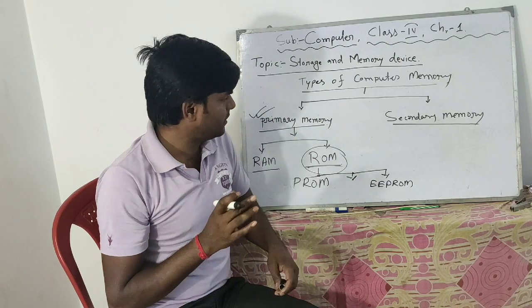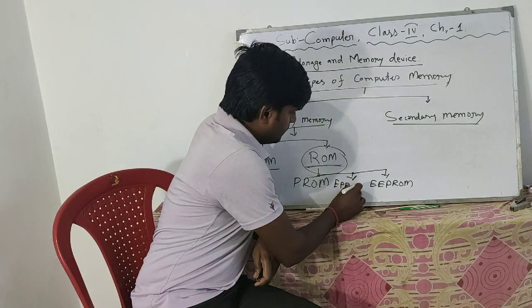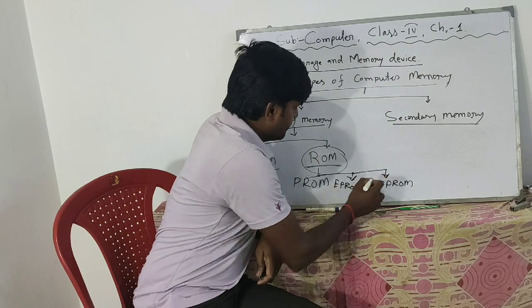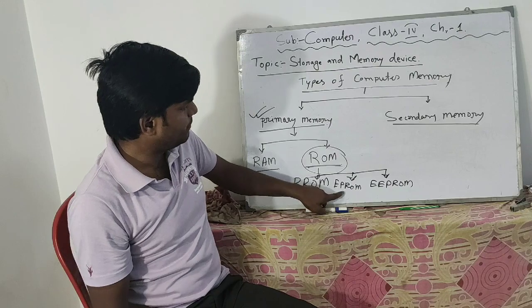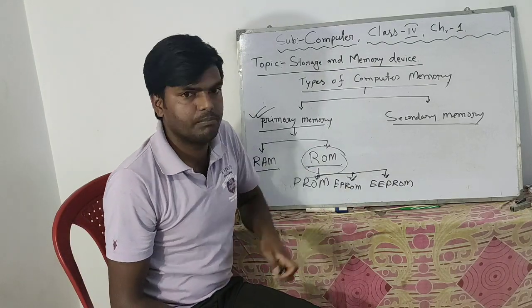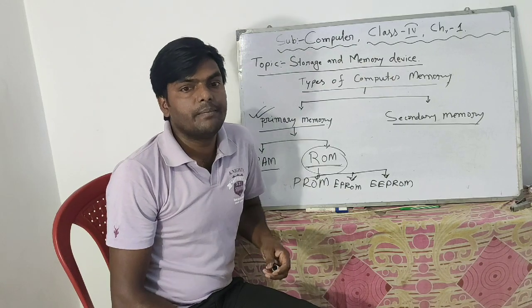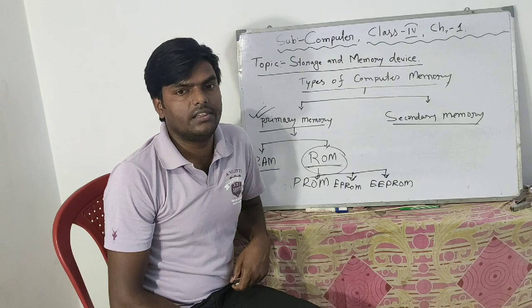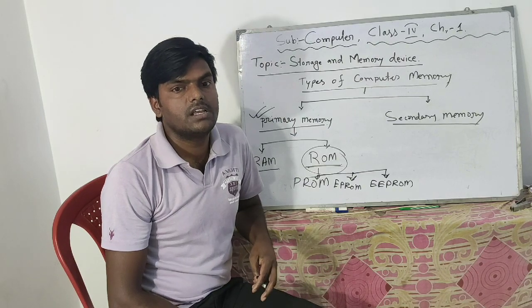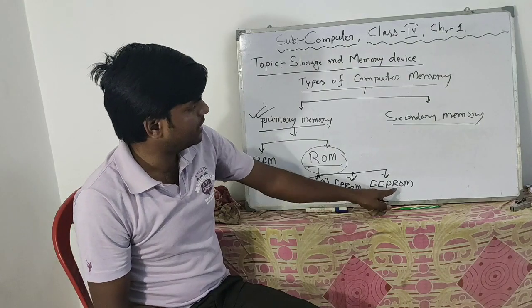So there are three different types: PROM, EPROM and EEPROM. Clear? EEPROM means the data can be erased using electrical signals. So this is called EEPROM.